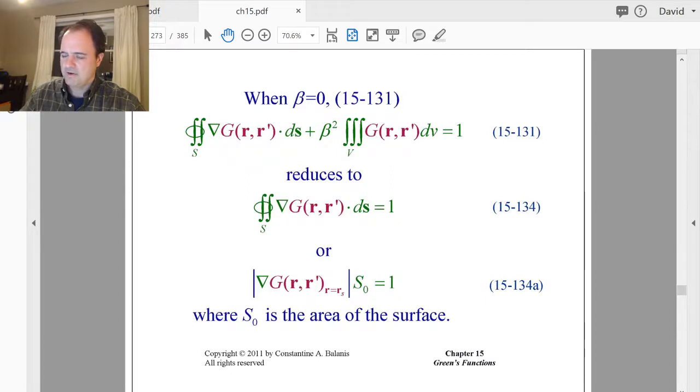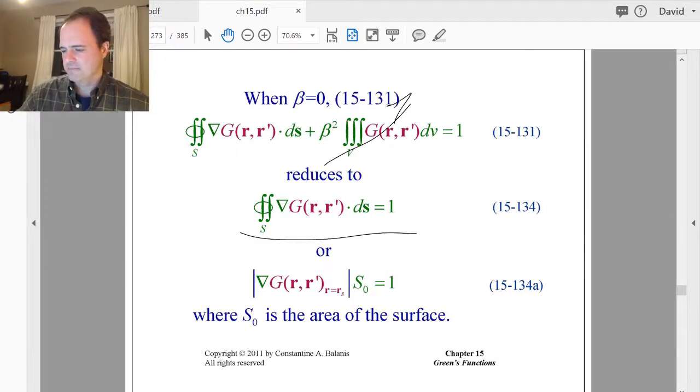So we can't. So when beta is equal to 0, then this will fall out, and we have this right here, all right? Or we have that this integral then, which you can equate to del G, the average value over the surface, the area of the surface is equal to 1.